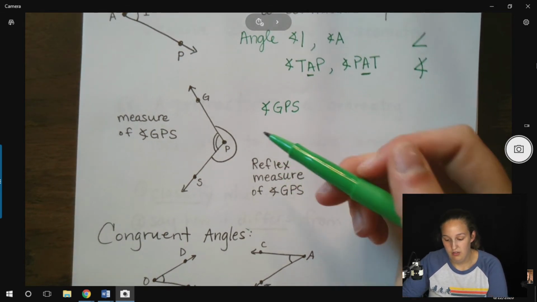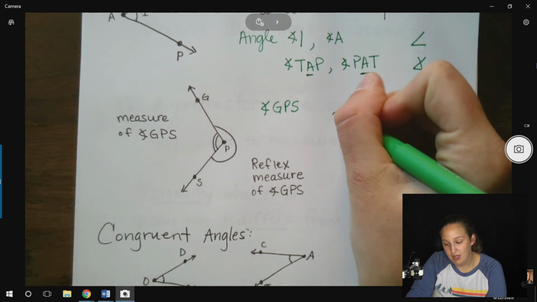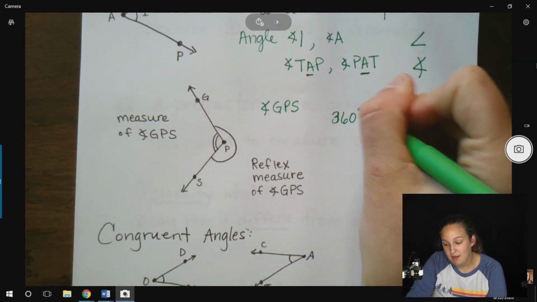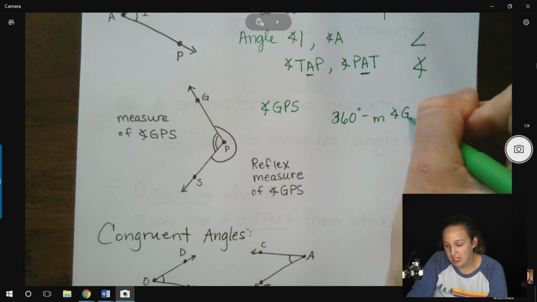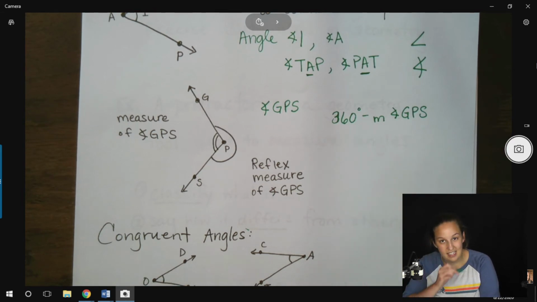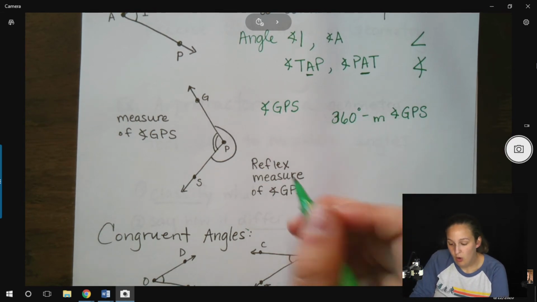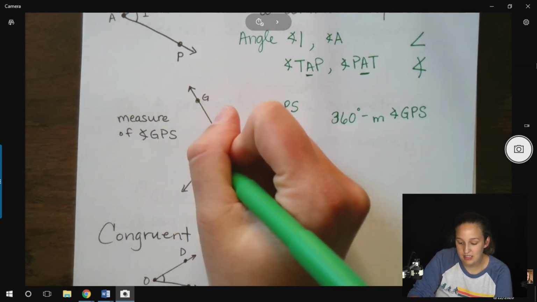If I want you to find the other side, you would have 360 degrees minus the measure of the angle GPS. You can say that, 360, because that's a full circle. Or you can also say the reflex measure of the angle. So that refers to the opposite side. But the angle is always the smaller side.